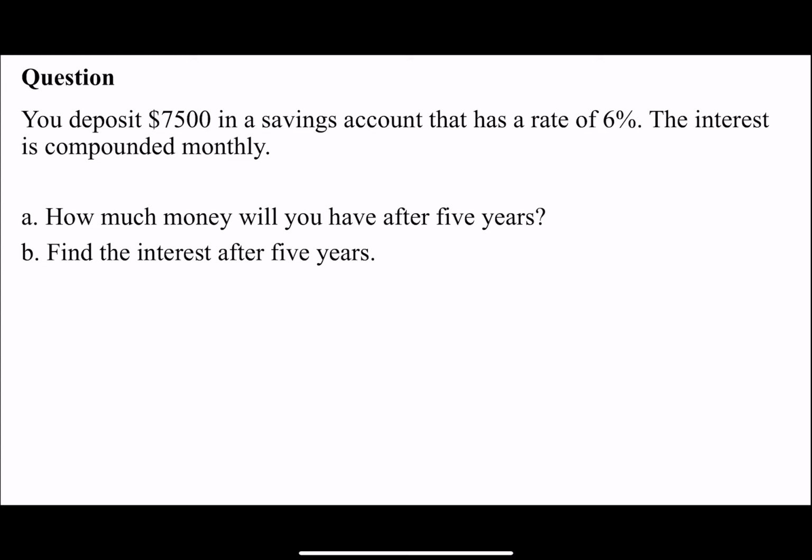So you deposit 7,500. That's your principal or present value in a saving account that has a rate of 6%, so R is 0.06. The interest is compounded monthly, so n is equal to 12. You want to find out how much you will have after 5 years, so time is 5 years.